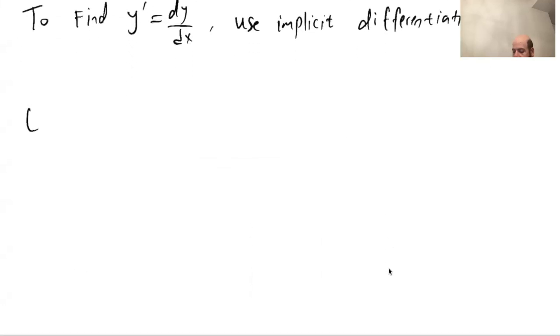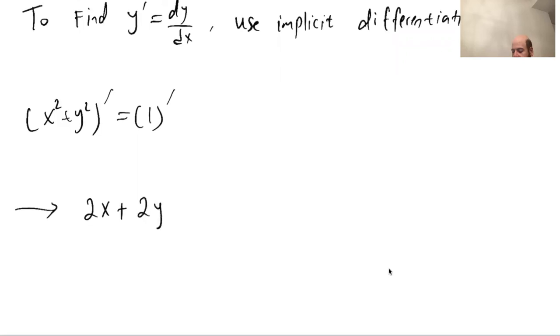So here the equation is x squared plus y squared equals 1. So on the left-hand side, derivative of x squared is 2x. Derivative of y squared is 2y, y prime. So that's the only important thing, that derivative of terms containing y must be computed using the chain rule.